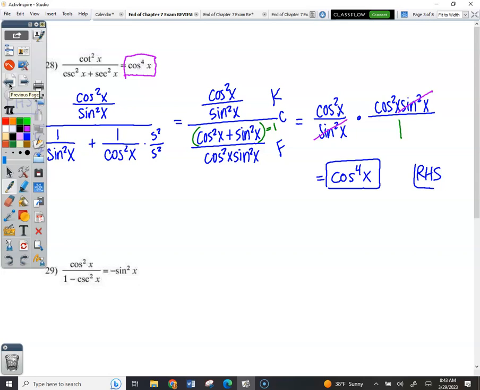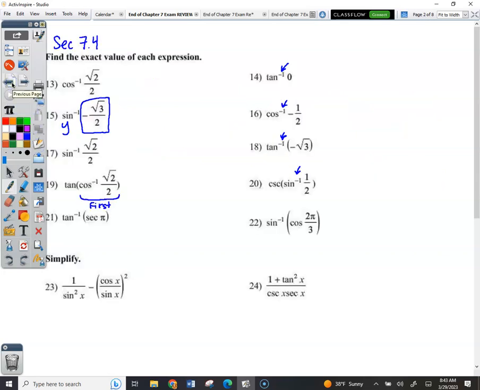A function within a function. Okay, so remember, we said do the inside one first, right? Secant. You can't look at your unit circle and find the secant value, so change it to the reciprocal.